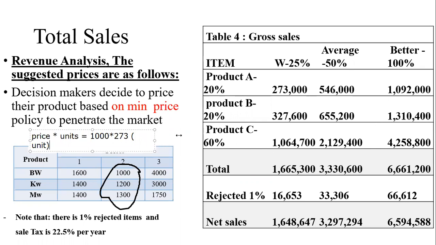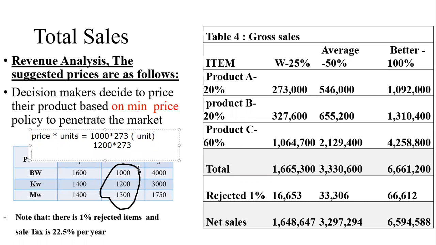I will do the same. So this is 1,000. If I go to the second prices, it will be 1,200 times 273. So this is the second type, the kids wear, and I will do the same for the menswear. And then I have the 3 products as you see here, and then I will do the same for the second product.